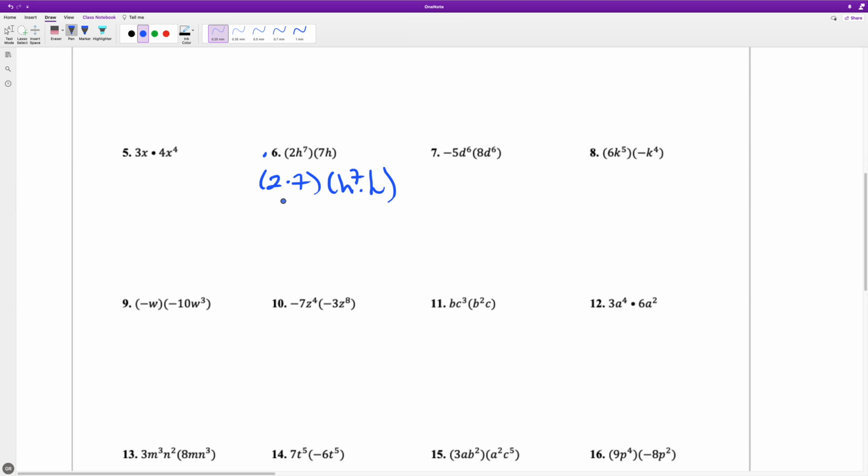We're going to do product of powers, and by now you should know that in product of powers, when you're multiplying exponents, the bases have to be the same, and then you add the exponent. So it's going to be 2 times 7, which is 14, times h to the power of 7 plus 1, which is going to give you 14h to the power of 8.